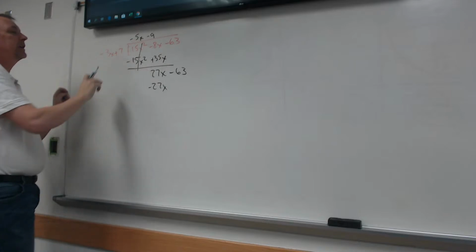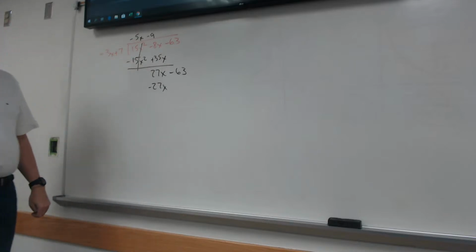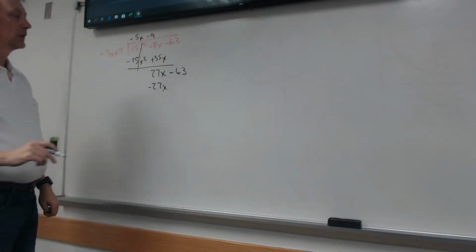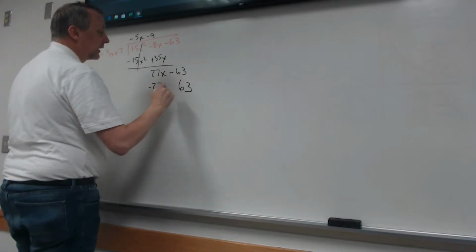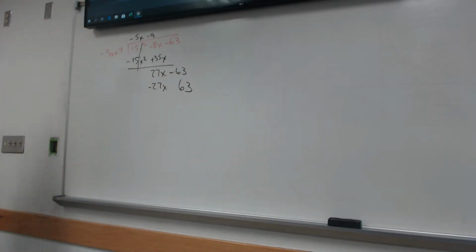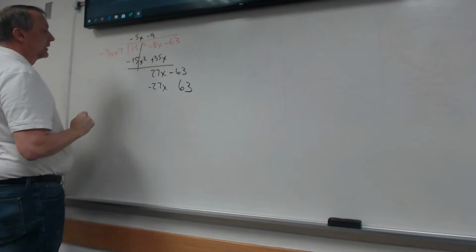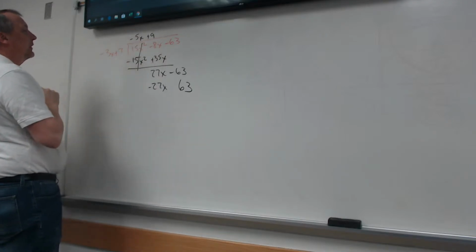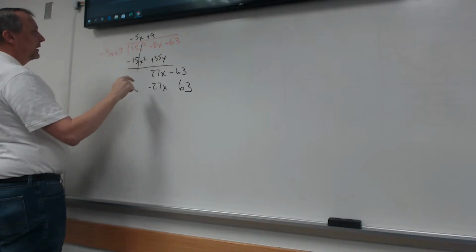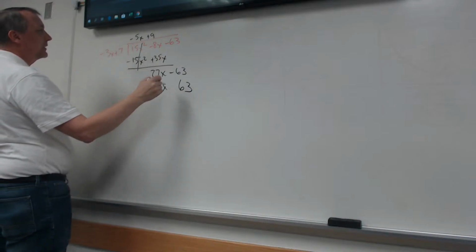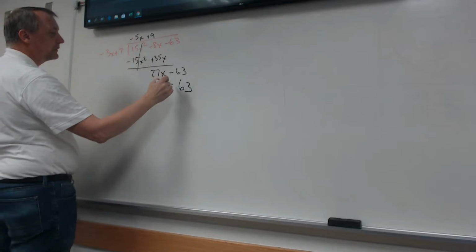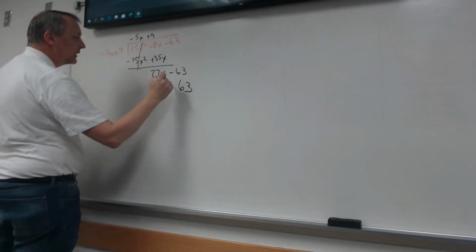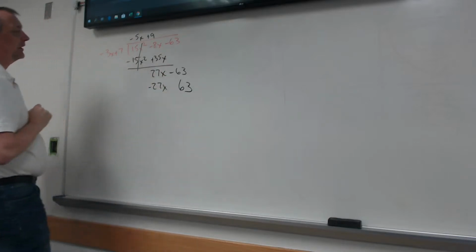Negative 9 times 7 is 63. Now we're going to, oh, you know what? I should have put a positive 9 there, right? To make that positive. No, wait. That's right.